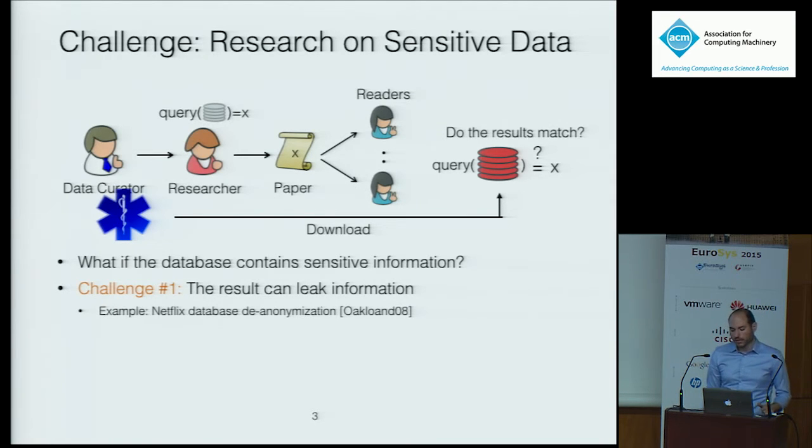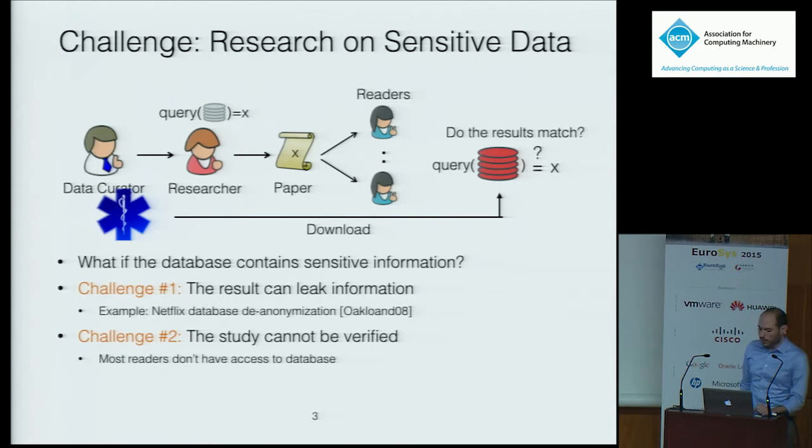Several cases in the literature have shown that sensitive information can be disclosed through aggregate results or even through anonymized data sets. The second challenge that we have is that the study cannot be verified. And this happens because the data set is sensitive, so most readers won't have access to it. And since they don't have the data set, they cannot recompute the statistics and be convinced that the study is correct.